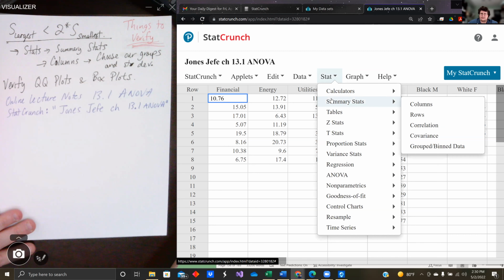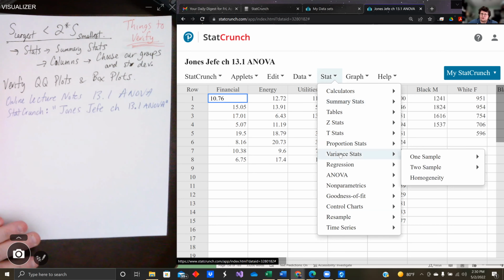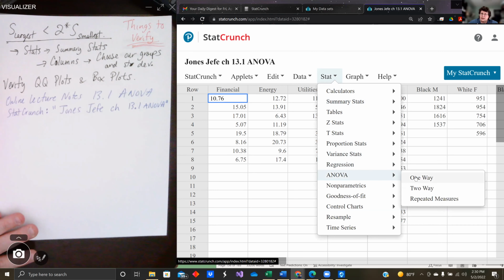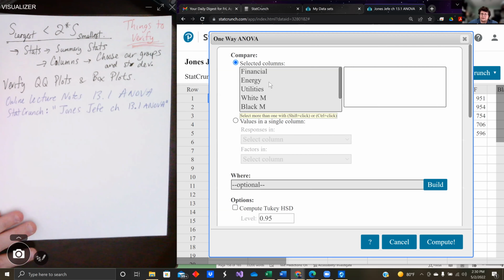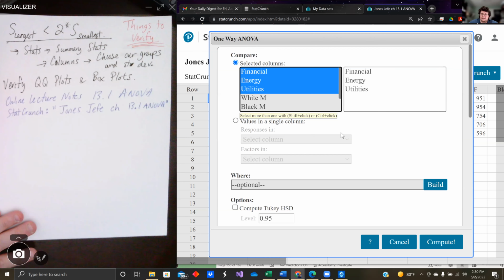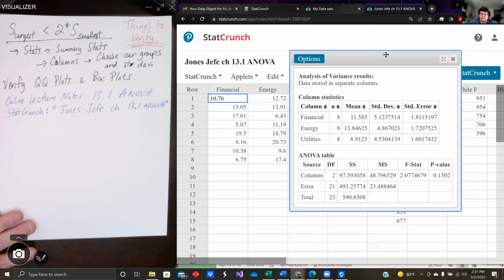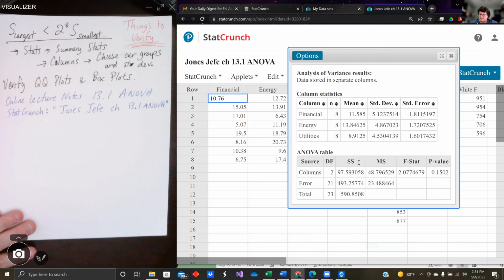I'm going to do the test real quick just to show what pops up on the screen. I want to show you what some of the stuff means. We'll be doing this one in a second. I'm just going to click compute. We've seen stuff like F-stat and p-value before.